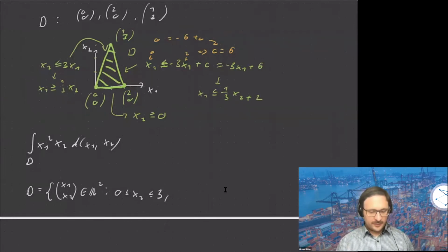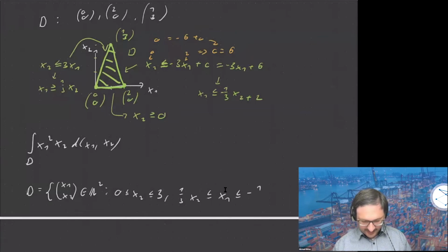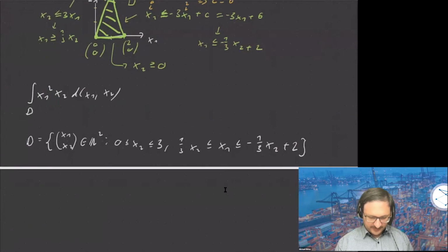Okay, and then we have our bounds for x2, for x1, sorry. So x1 is bounded below by this expression and above by this expression. So we get 1/3 x2 is less or equal to x1 is less or equal to -1/3 x2 plus 2. And that's a description of D as a normal domain.